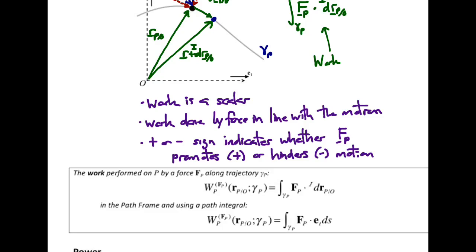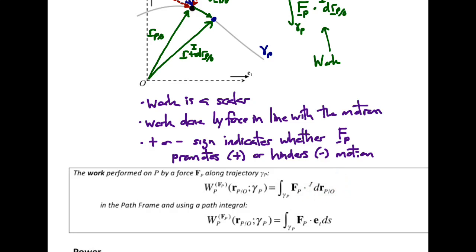So let's take a look at this formal presentation of work. We've already taken care of the right-hand side. The right-hand side says that work performed on P by a force Fp is simply the force, and how we characterize or model that force, whether it's a spring force, a friction force, an external force, or a viscous force, dotted with the change in position.